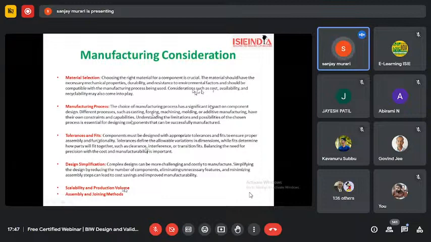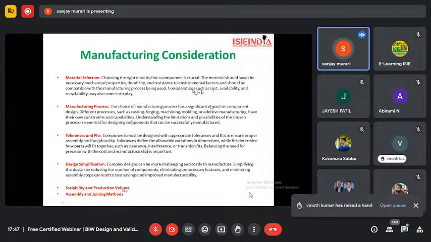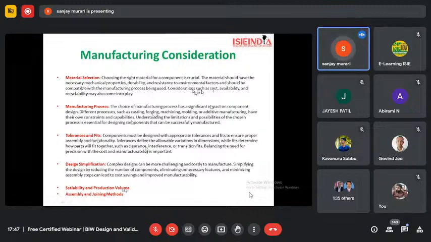So such complex manufacturing processes like 3D printing we cannot choose for mass production. And if the component is too big, we need to see whether 3D printing is possible or not.